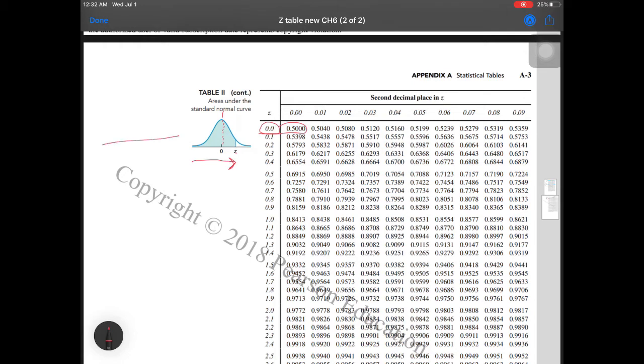If you cut the standard normal distribution into two pieces, negative infinity to 0 and 0 to infinity, since it is symmetric about 0, this piece has area 0.5 and this piece has area 0.5. Both together give 1. Same concept here; if you need to find the value, do the same thing.